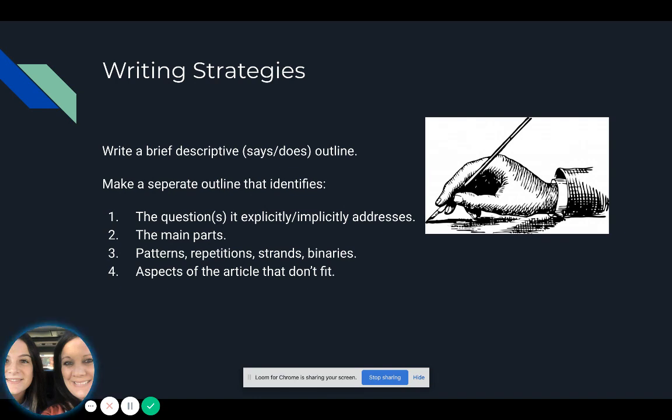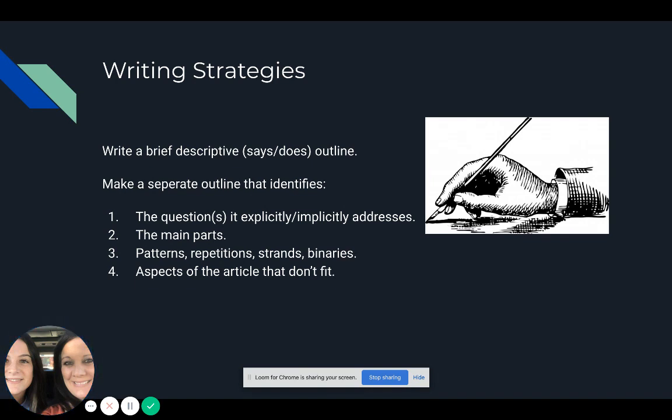Strands, what sentences or words or things go together. How do those work in correlation with one another? And then binaries are going to be things that are opposites of each other.